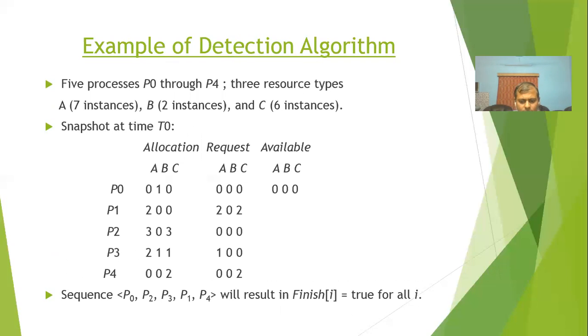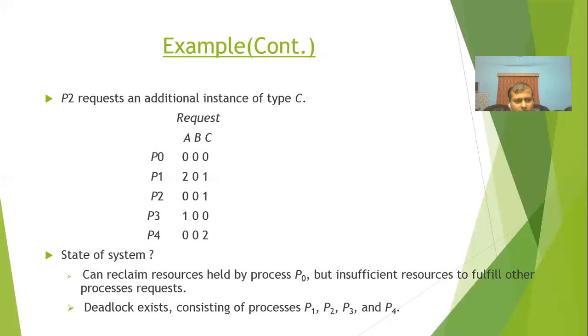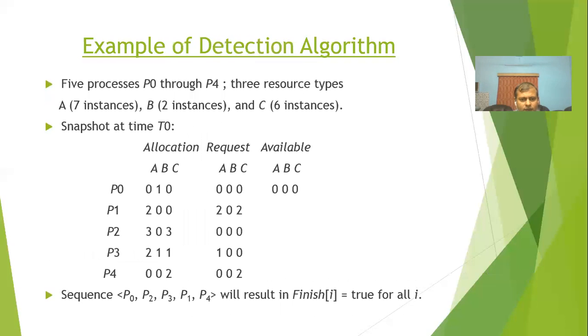Now in the second scenario, process P2 requests an instance of type C. So we are modifying the request matrix of process P2 to 0, 0, 1. Now see, currently we don't have any available resources. We don't have any resources at our disposal at this point of time.